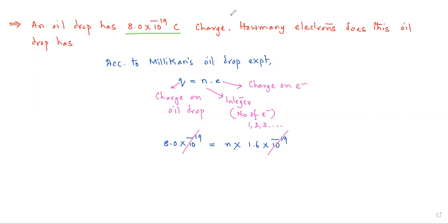Now, the value of N can be written as 5. So number of electrons in the oil drop is 5. I just wanted to use this relation. You all know that Q is equal to N into E. Okay. Next.